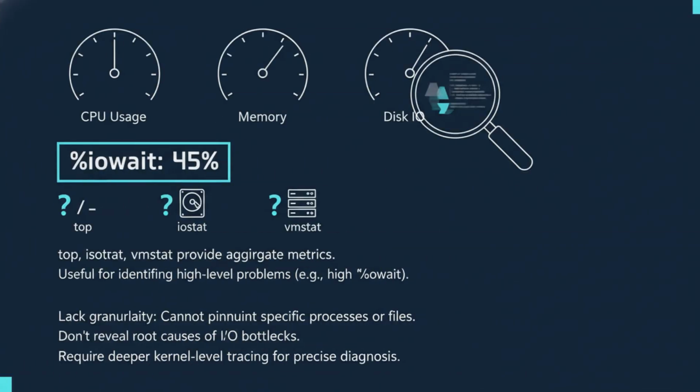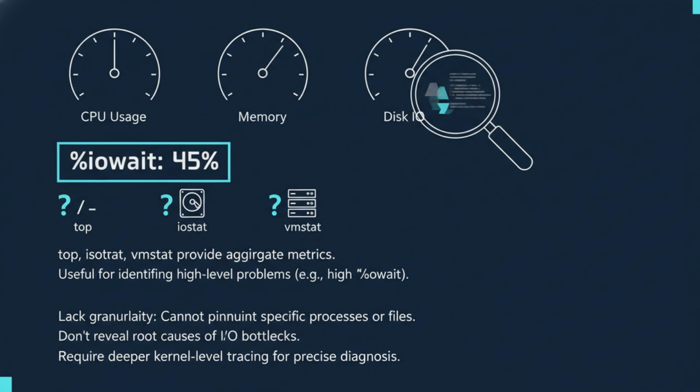While traditional monitoring tools like top, iostat, and vmstat are invaluable for a quick overview of system health, they often fall short when it comes to deep diving into I/O wait latency. These tools provide aggregate metrics such as overall CPU utilization, disk activity rates, or average queue lengths, which are useful for identifying that a problem exists.